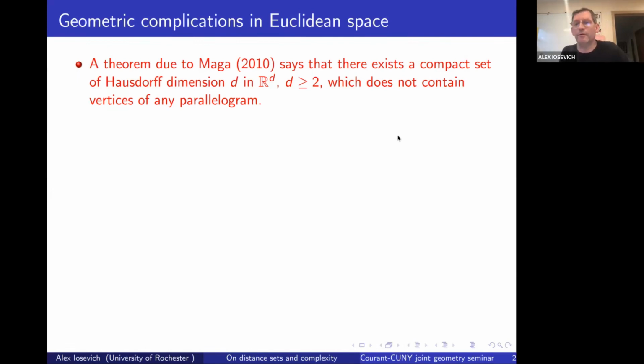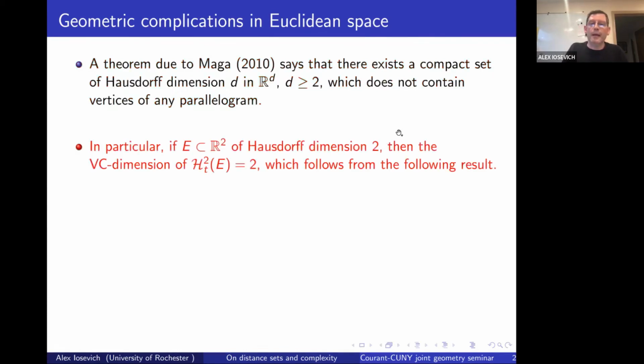It's a really beautiful construction, which requires having multiple scales. So there's no hope of building such a construction in finite fields. And indeed, this is not true. In particular, if E in R^2 has Hausdorff dimension 2, then the VC dimension of H_t^2 of E is equal to 2.